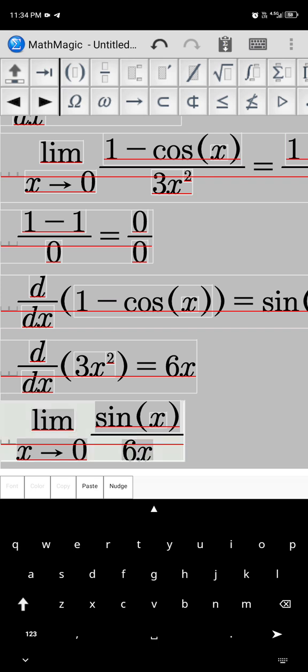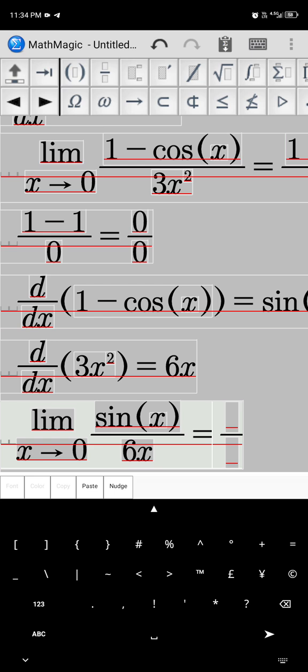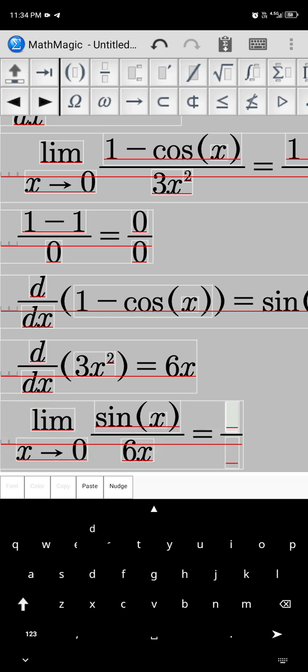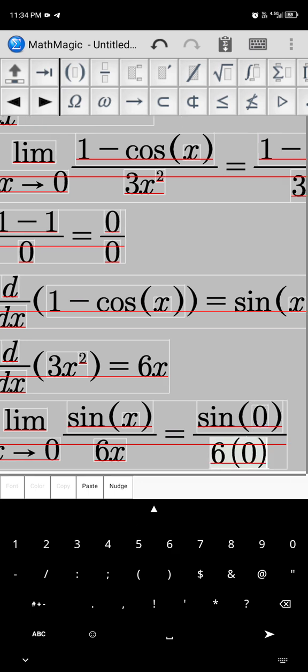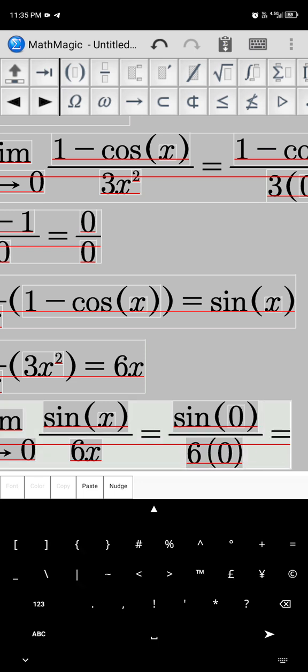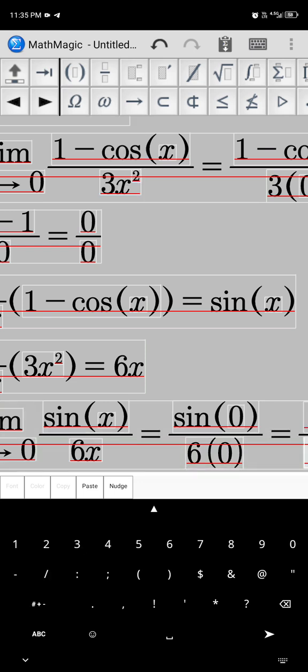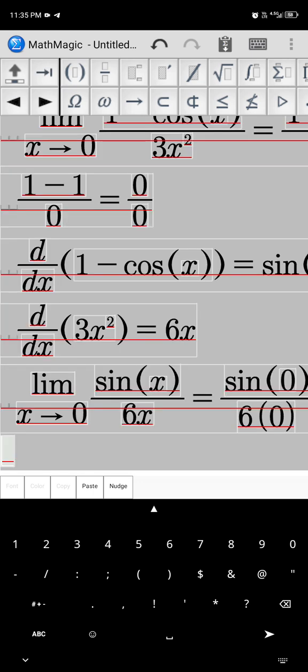Once again, if we substitute 0 for x here, we are going to have sine 0 over 6 times 0. Sine 0 is still 0, and 6 multiplied by 0 also gives us 0, so we have 0 over 0. Here also we can still apply the L'Hopital's rule.